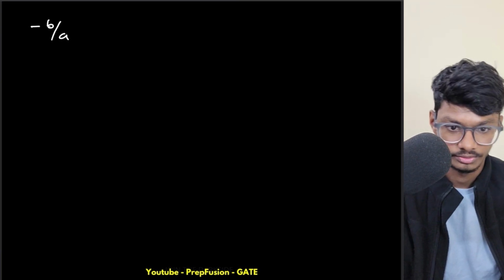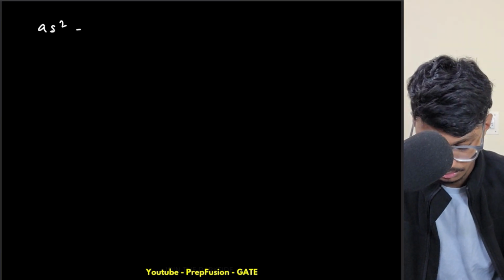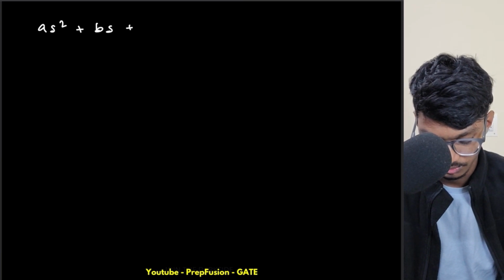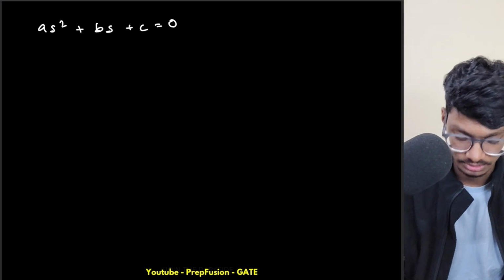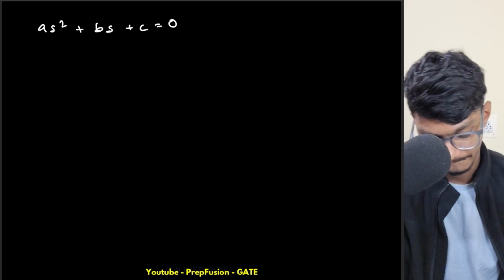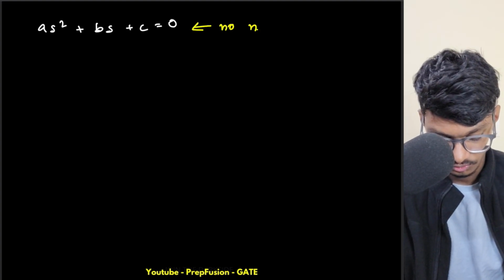Let's say I have a quadratic equation like this, a s square plus b s plus c. This is like bachpan ka thing. So if I have a quadratic equation like this, there is no need to further find the roots for sigma c.